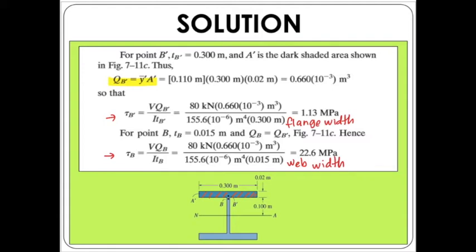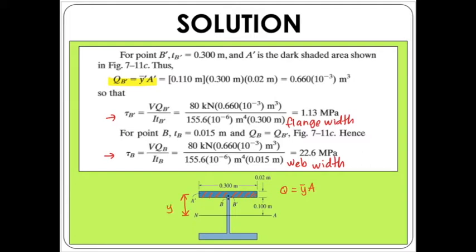So Q is equal to y bar multiplied by A. The area that we are going to consider is the area of the flange, multiplied by the y bar value, which is the distance from the centroid of the A prime section to the centroid of the section. You can see I have already written the value of y bar.